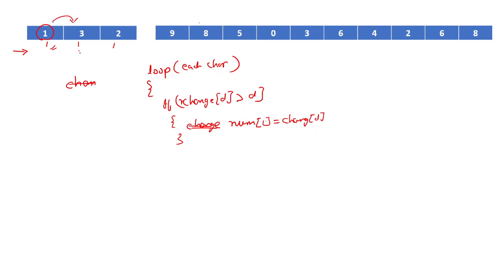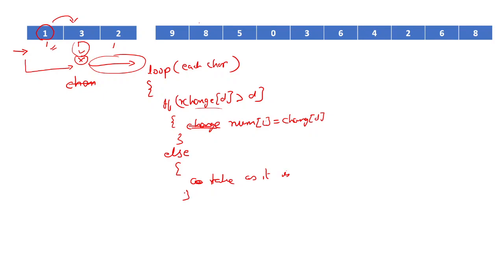Wherever we find a position that we can't change, that will be our break position, and whatever we have changed before that will be considered, and the rest of them we will take as they are without changing anything. Now here is a catch.